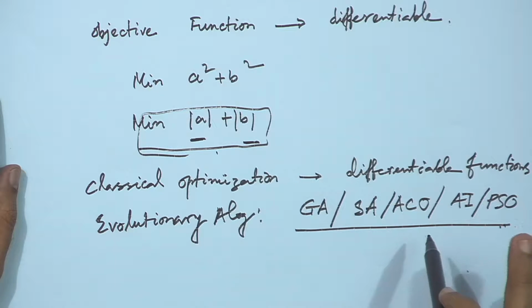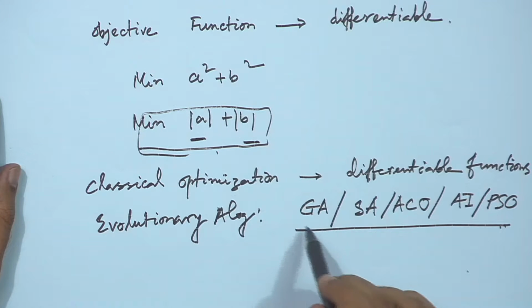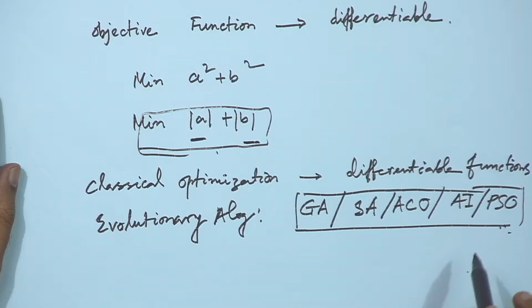But the problem is, in these evolutionary algorithms, your optima is not guaranteed. That should be clear.